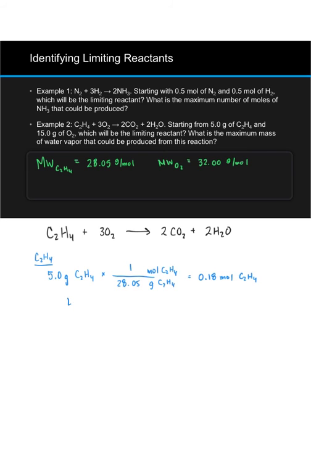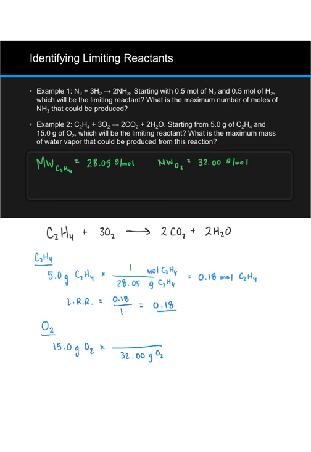The limiting reactant ratio is the number of moles, 0.18, divided by the stoichiometric coefficient, 1. Just 0.18 for ethylene.